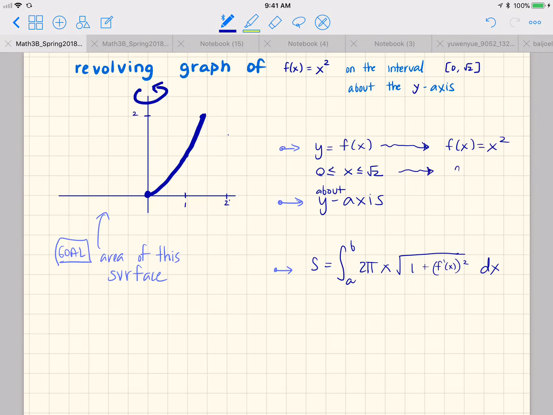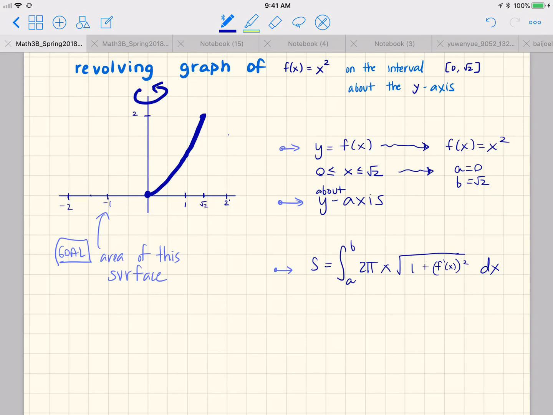So a is equal to 0, b is equal to square root of 2. And looking at our picture here, this is negative 1, and over here is negative 2. So I stopped at what I thought was square root of 2. I approximated square root of 2 as about 1.4.